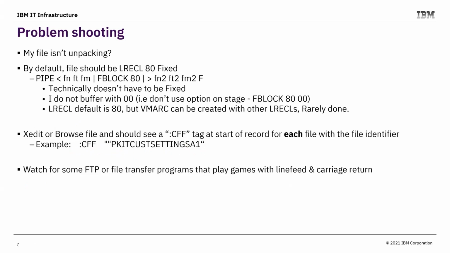If you're working with a file and it doesn't look quite right, that's something that I'll look at to try to get a sense of what may have gone wrong, right, in different ways. Now, I have run into a couple FTP or file transfer programs that play games with an end of record, so whether the line feed carriage return and how they are handled in transferring a file. I'll talk about that a little bit later on when we look at an example here.